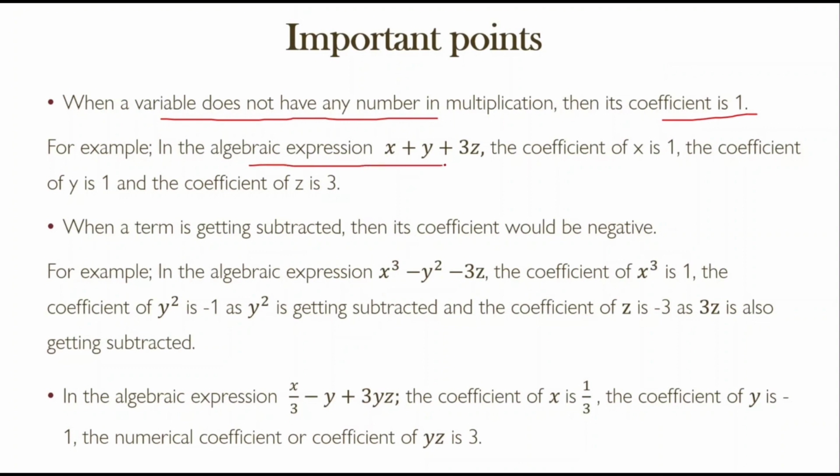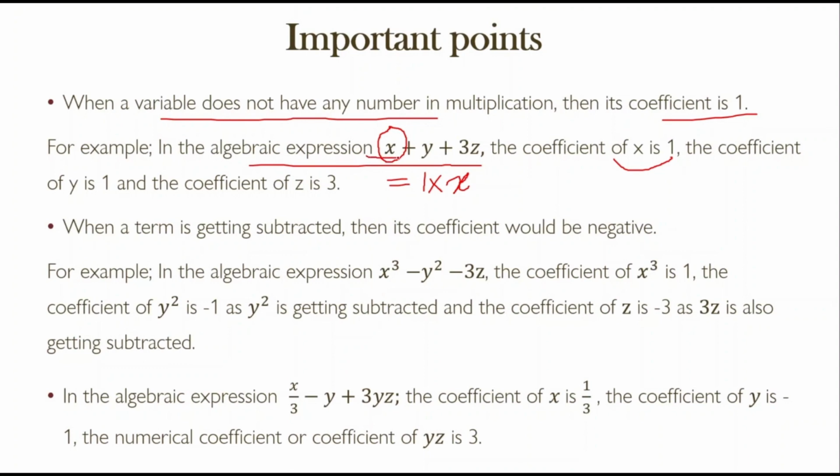How? Let us consider an example of the algebraic expression x plus y plus 3z. Here, as you can see, if I talk about the first term, x, the variable x doesn't have any number in multiplication with itself. So I have written the coefficient of x as 1. But how? Because x could easily be written as 1 times x. It would make no change.